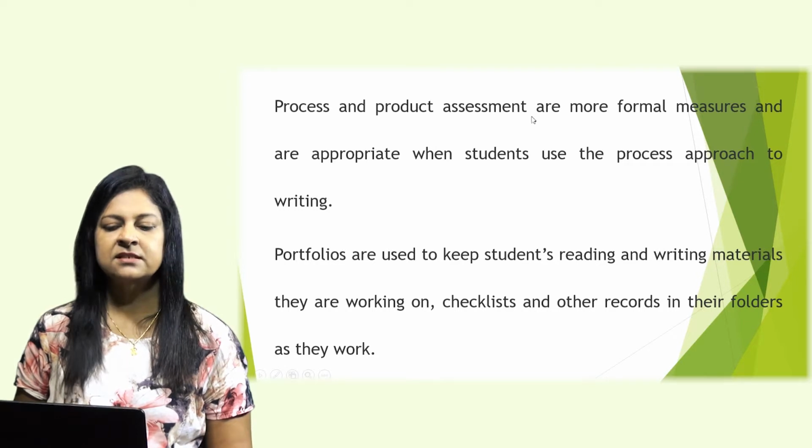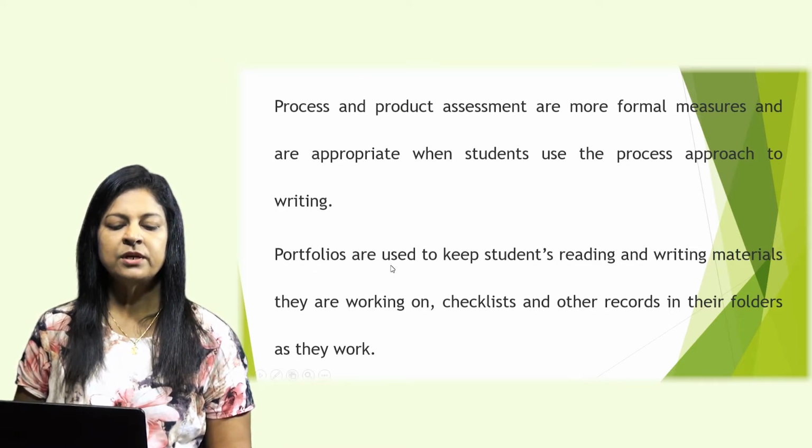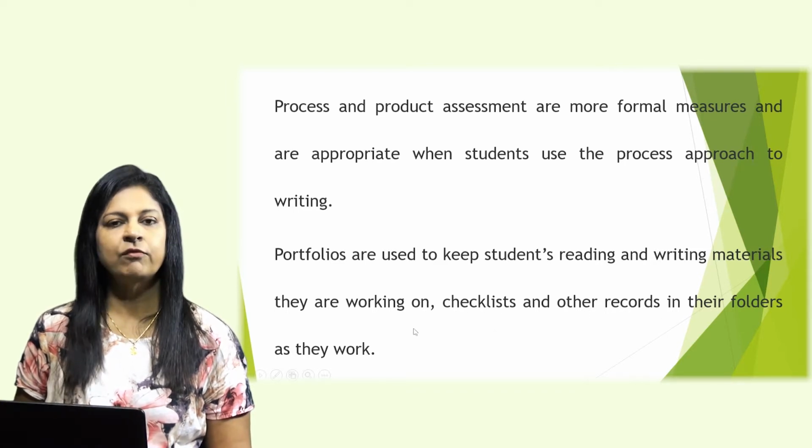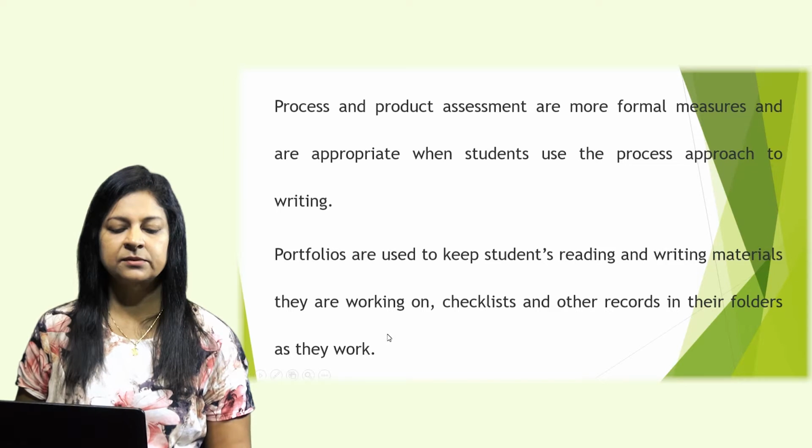Process and product assessment are more formal measures and are appropriate when students use the process approach to writing. Portfolios are used to keep students' reading and writing materials they are working on, with checklists and other records in their folders as they work.